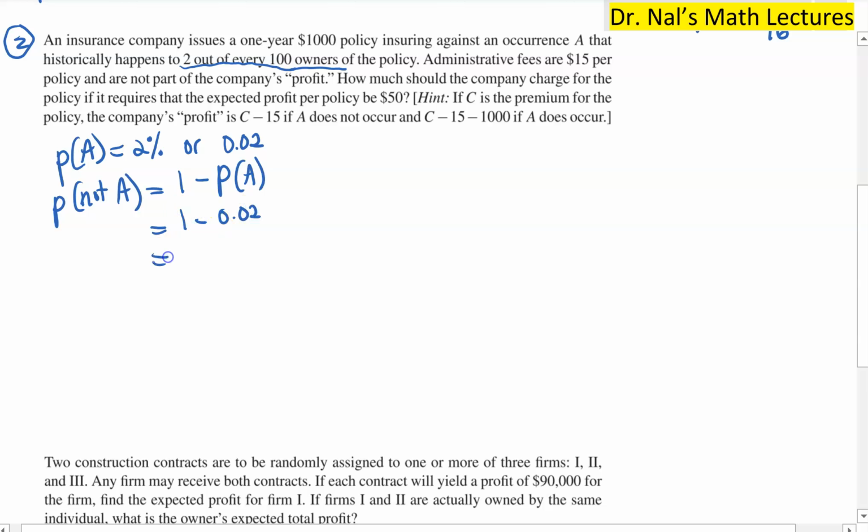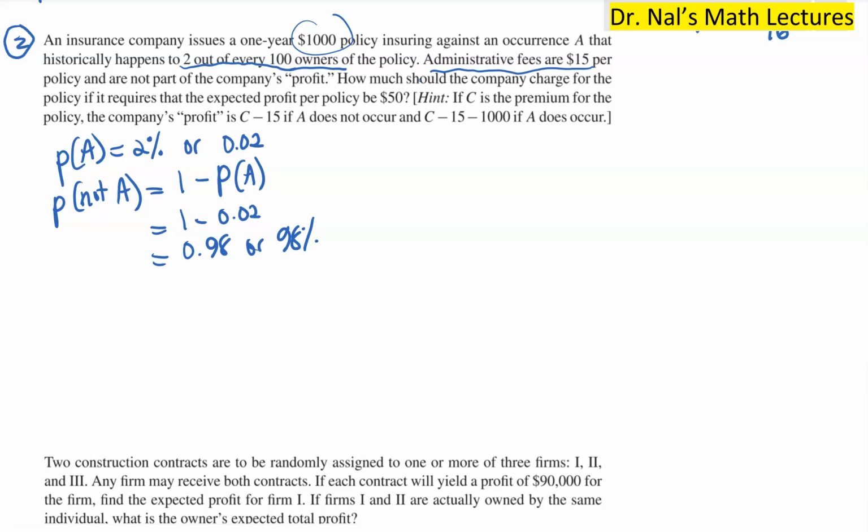So not A as a result is 0.98 or 98%. So with 2% chance, it will cost the insurance company an additional $1,000 above and beyond the administrative fees of $15. And with 98% chance, it will not cost anything other than just the administrative fees of managing this policy.